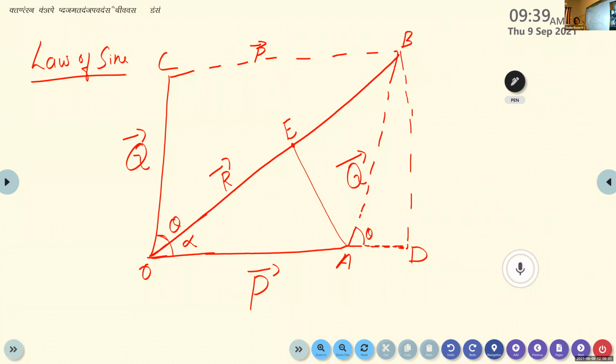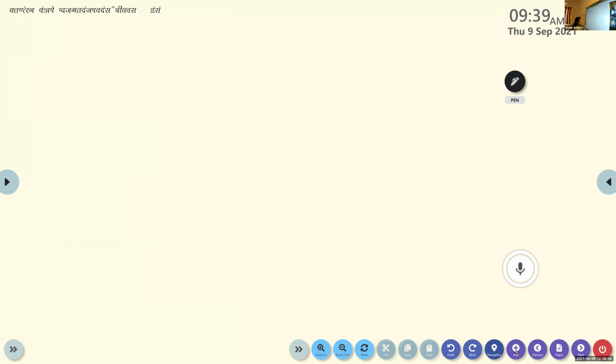In order to find the expression for law of sine, here we consider an angle beta between the resultant vector R and the vector Q. As we told earlier, the angle between vector P and vector Q is theta.